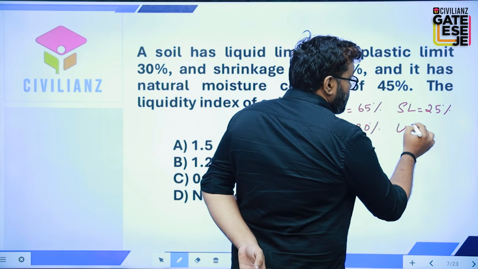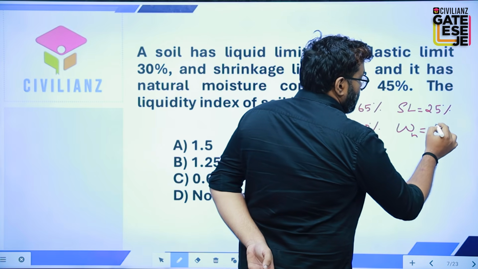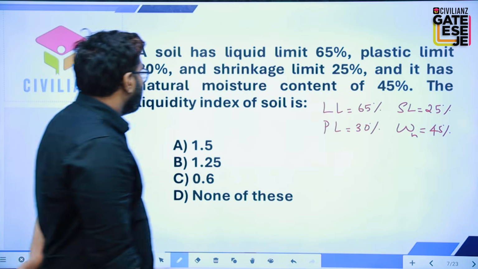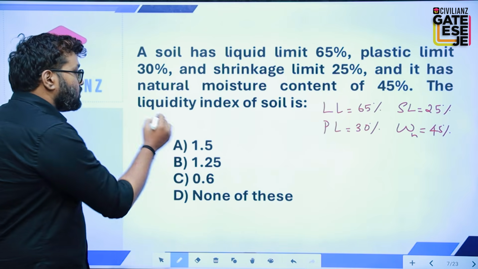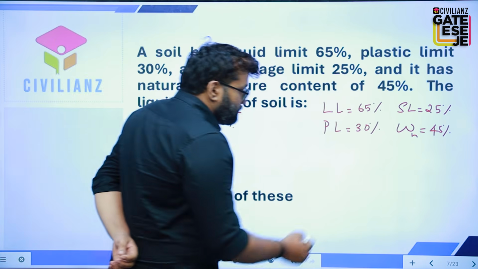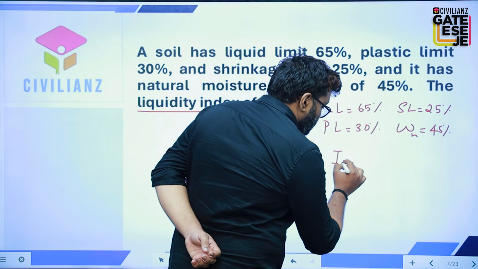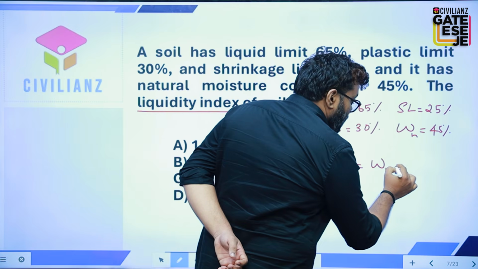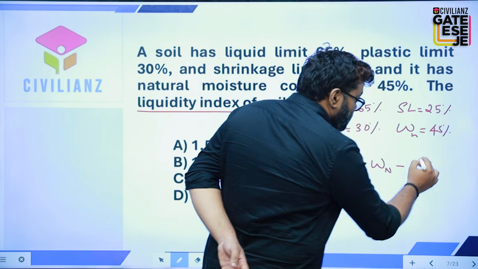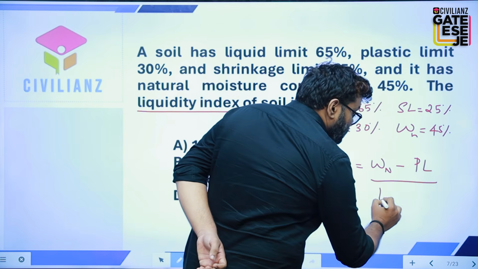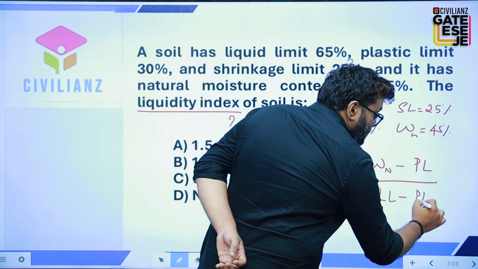So water content is equal to 45%. The question is the liquidity index of the soil. Liquidity index is equal to natural moisture content minus plastic limit, divided by liquid limit minus plastic limit.